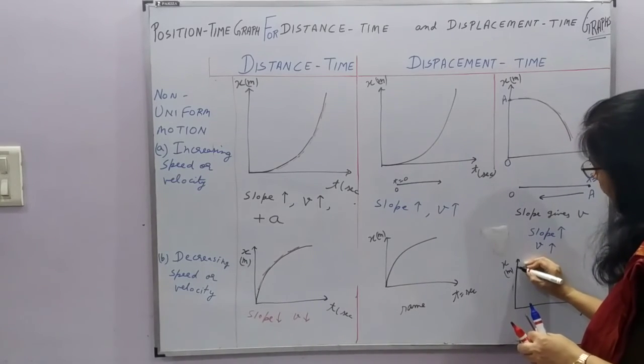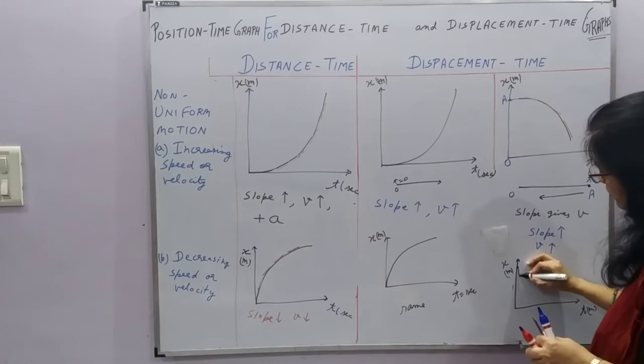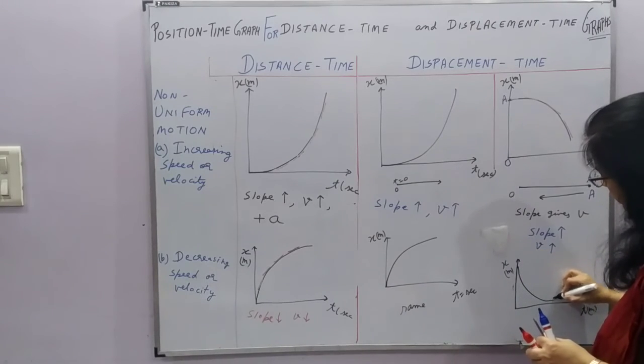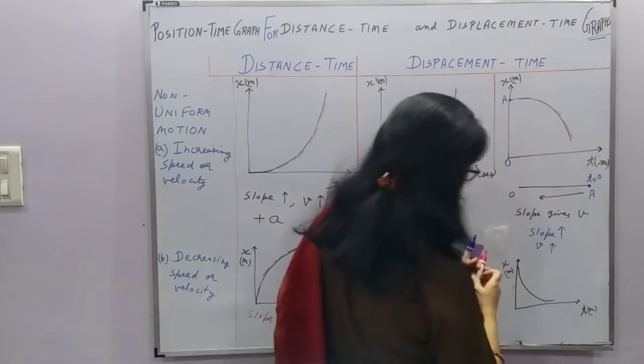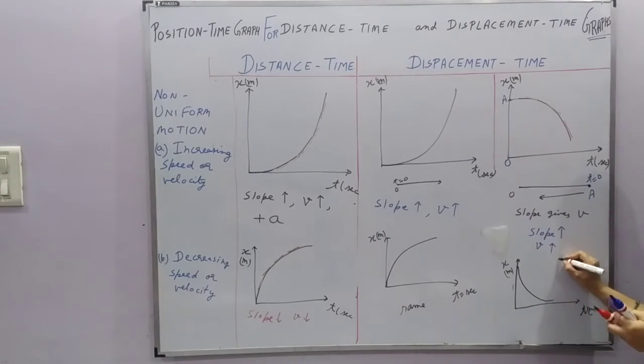Now it has started from this point, the slope is decreasing, but it started from a point away from origin.